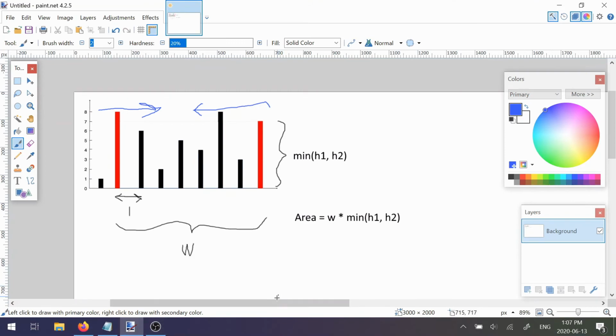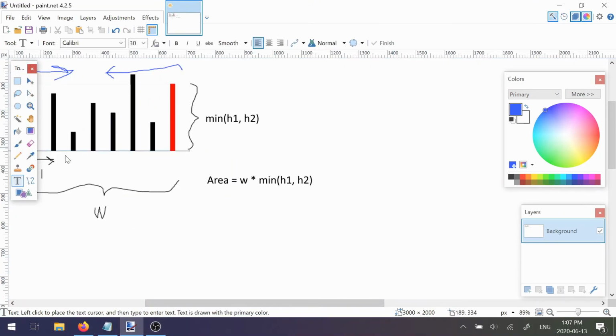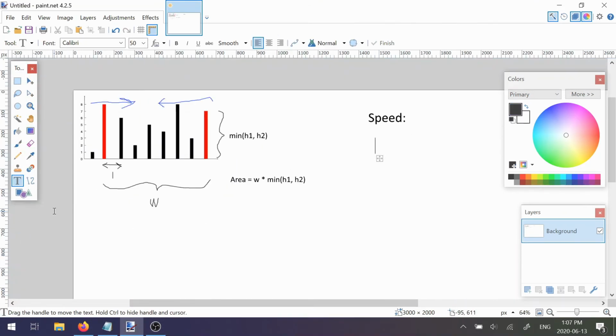Now let's look at the O(n) time. In terms of speed, what we are doing in this algorithm is we are moving from the ends of the list towards each other. And each time we are just storing a variable called area and a variable called maximum area. So in terms of computational speed, we are actually operating at O(n) time, where n is the length of the list.